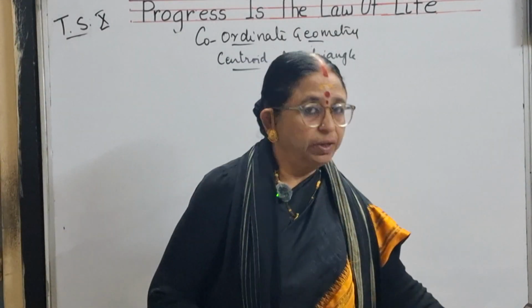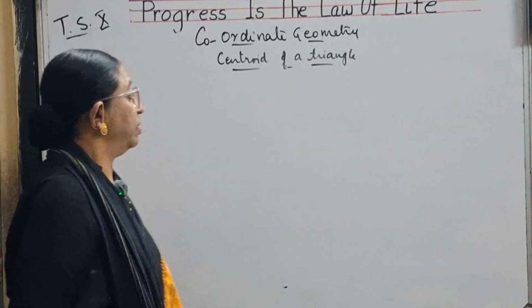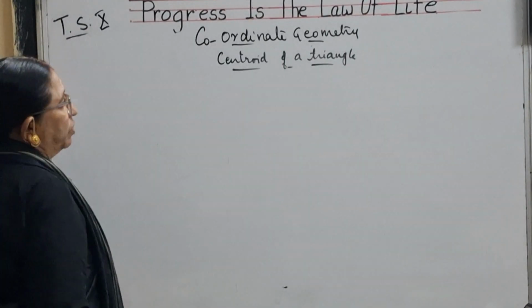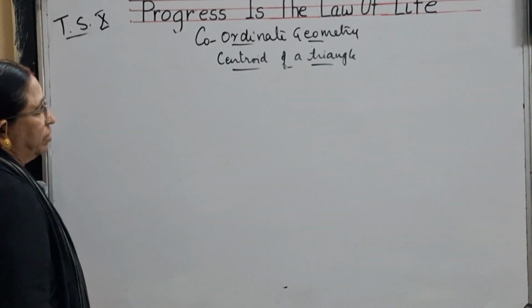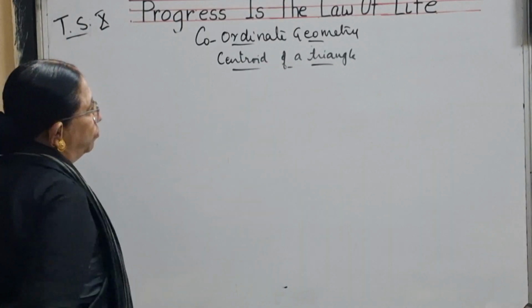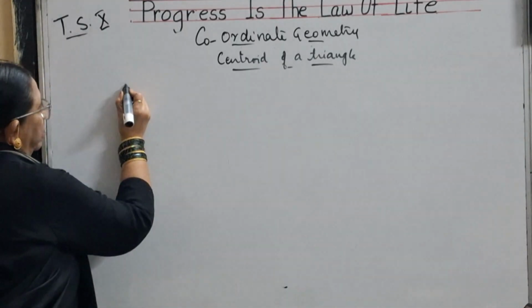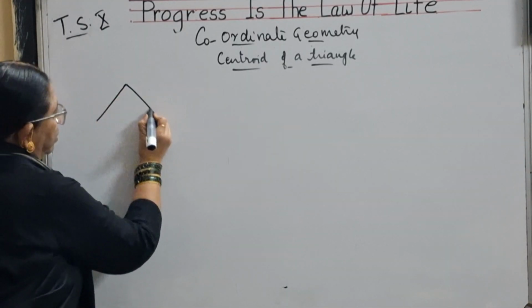Now, the other part of this is, children, the centroid of a triangle. So let us first have a recollection of what this centroid is. You have done this in your lower classes, children.